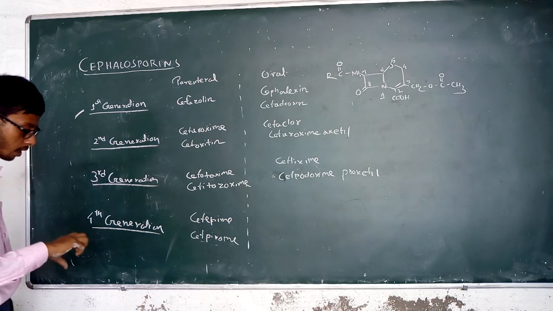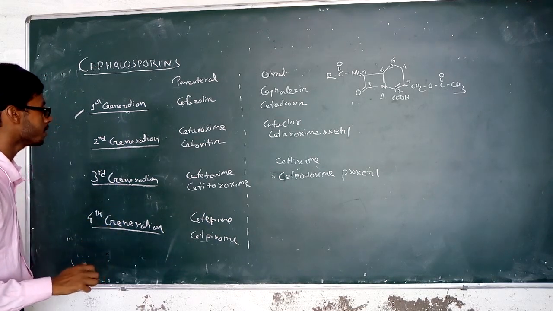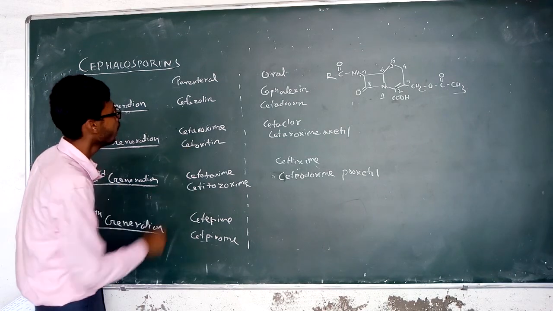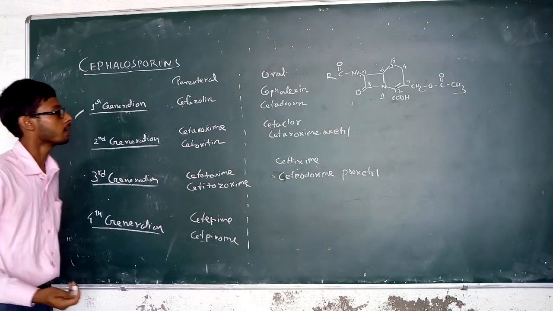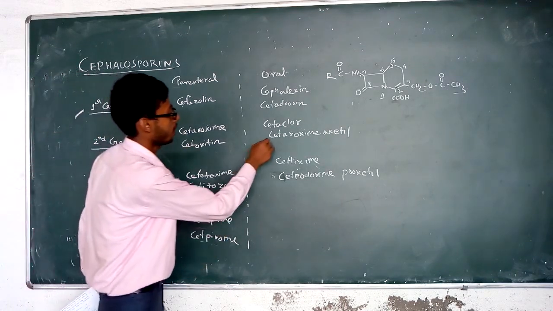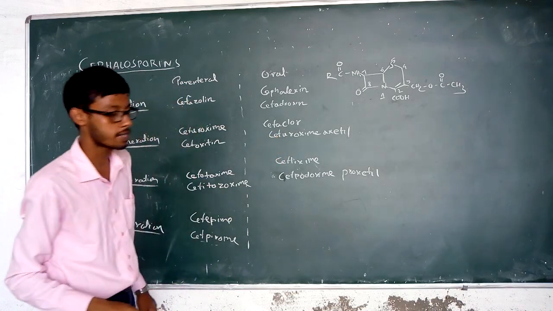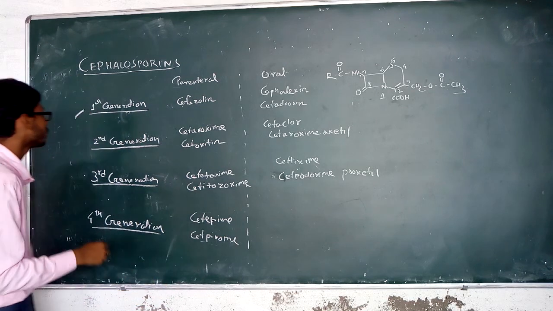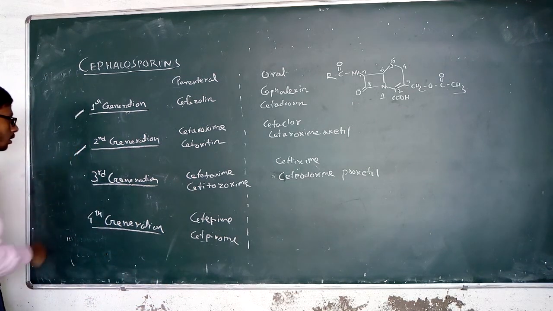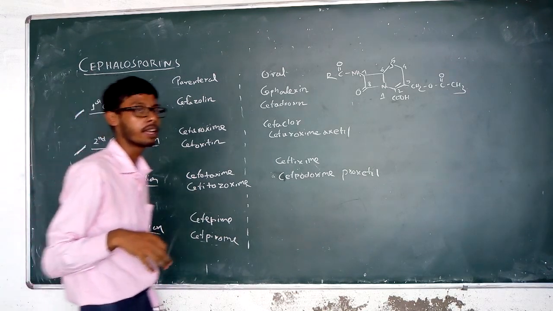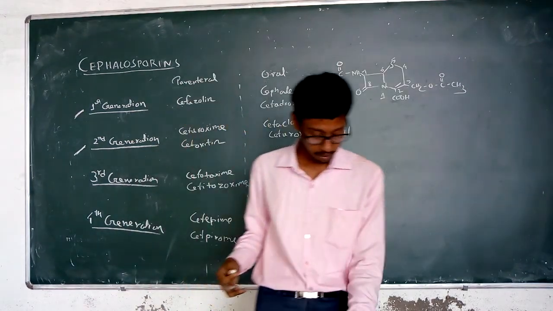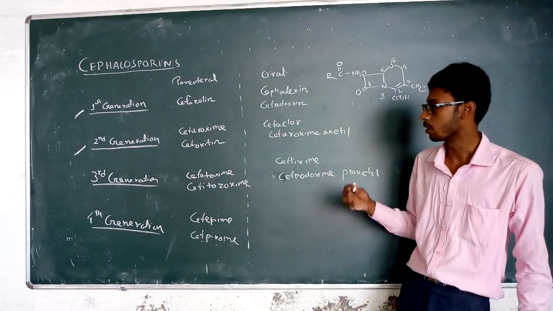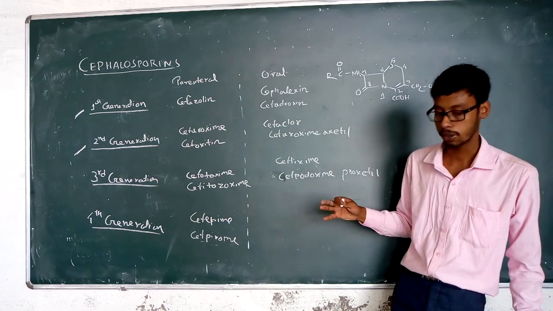These were further developed into the second generation, which produced cefuroxime and cefoxitin as parenteral drugs, and cefaclor and cefuroxime axetil as orally active drugs. These are active against gram-negative bacteria, and less against gram-positive bacteria.